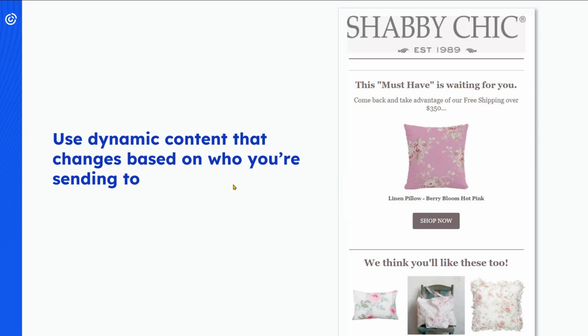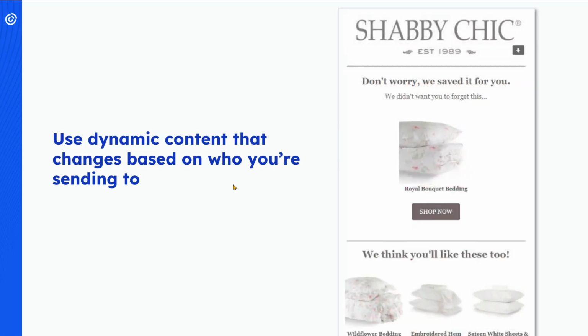So for example, if I was shopping on Shabby Chic's website, the example that we see on screen has a big pink pillow as the item that I left in my cart. So the recommendations at the bottom are similar pillows from my website.